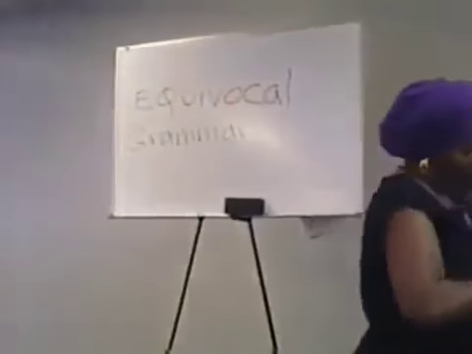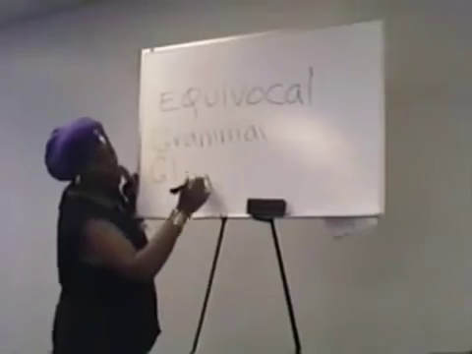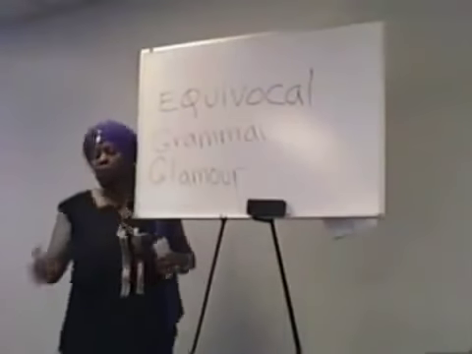That's another definition of the word grammar. Turn in your dictionary to the word grammar, and if it doesn't say it in the definition, it should say it in the brackets, that the word grammar is the same word as the word glamour, G-L-A-M-O-U-R. They're exactly the same.